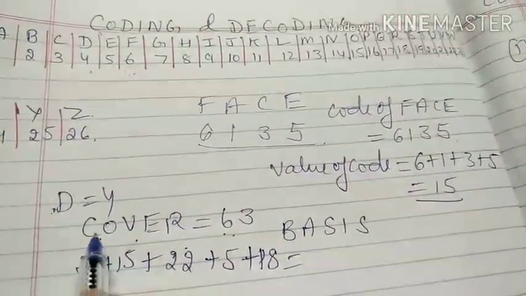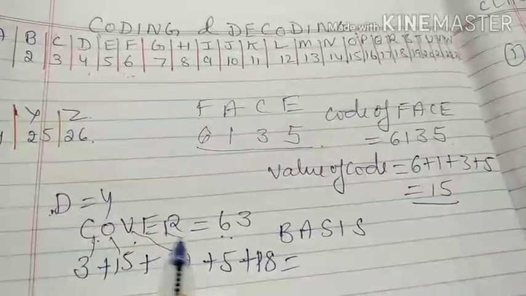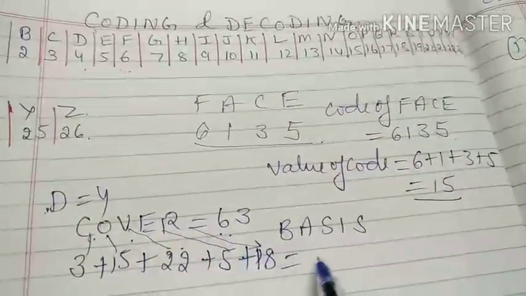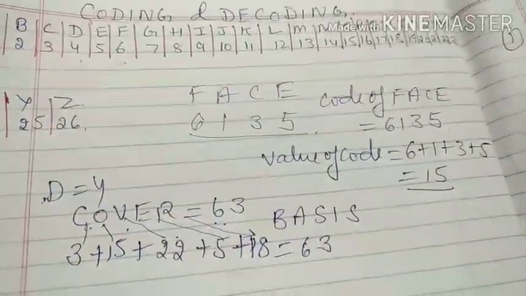When you add these C, O, V, E and R values, that gives you 63.